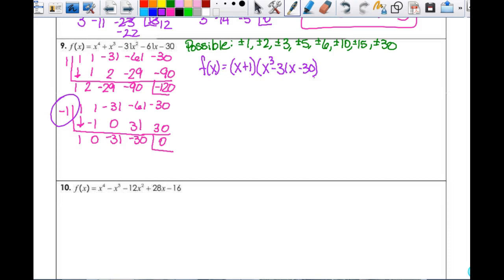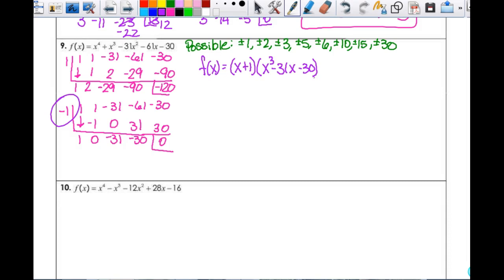So that second part, is that something that you can factor? If you have a cubic, the only way you've been able to factor them is if they are sum or difference of cubes, or if it has 4 terms and you can do grouping. We don't have either one of those things, right? So we don't have the skills to factor this right now.